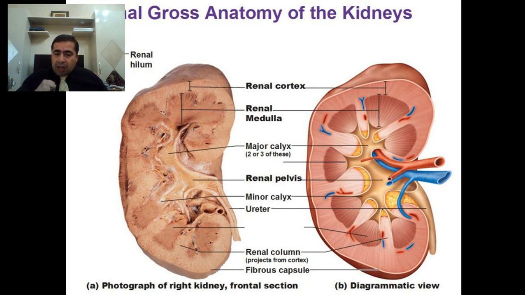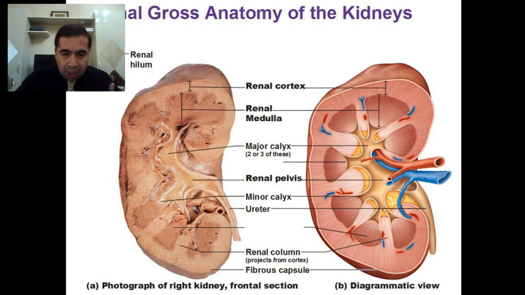Two or three minor calyces form one major calyx, and two, three, maybe four, but mainly two or three major calyces form the renal pelvis. Okay, I can explain it from the opposite side. The renal pelvis is divided into two or three major calyces.